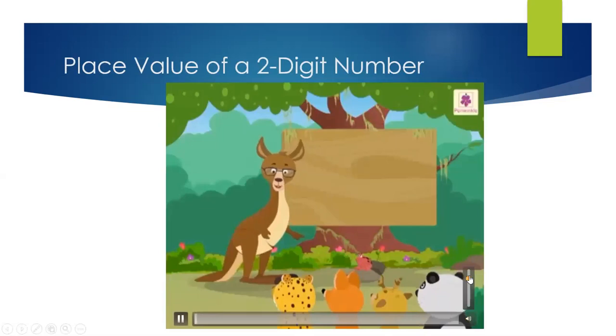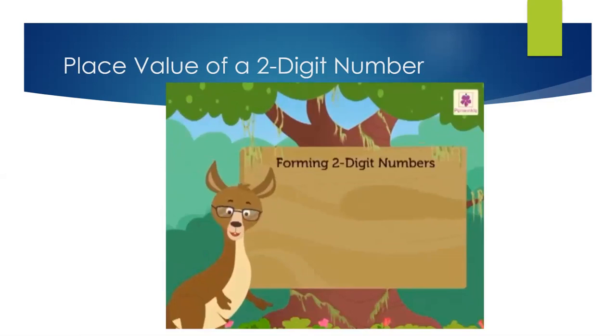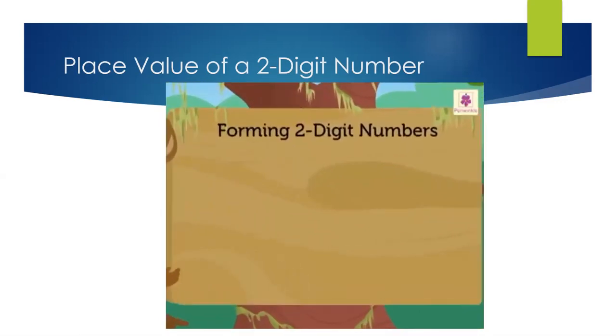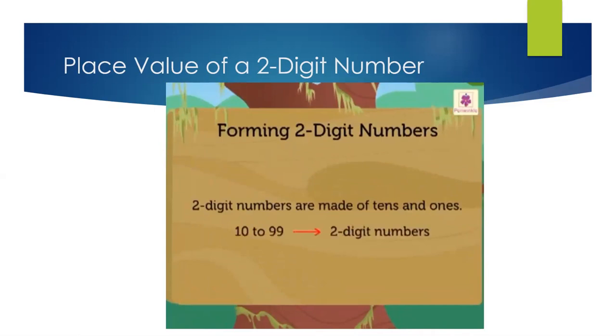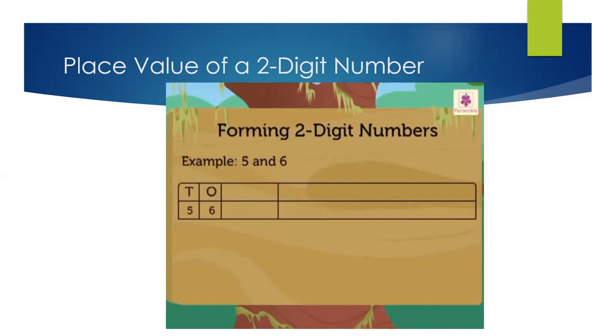Hey, look, Carrie the kangaroo is going to teach us how to form two-digit numbers with a given set of digits. Hello, kids. We already know that two-digit numbers are made of tens and ones. Numbers from 10 to 99 are called two-digit numbers. Let's take the digits 5 and 6. Here, we place one digit in the ones place and the other digit in the tens place. Look, we got the number 56.